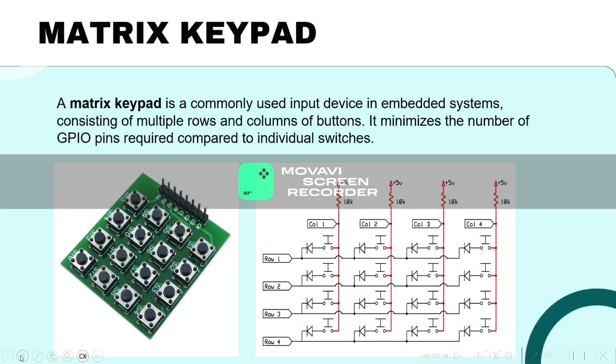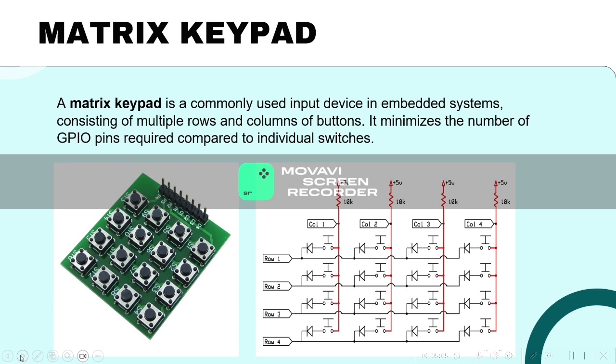And the matrix keypad is also one of the useful components in embedded systems. A matrix keypad is the same as the dial pad on our day-to-day mobile. The matrix keypad contains digits from 0 to 9 and some special characters which are useful to control embedded systems. A matrix keypad is a commonly used input device in embedded systems.